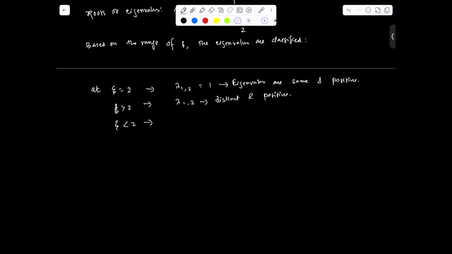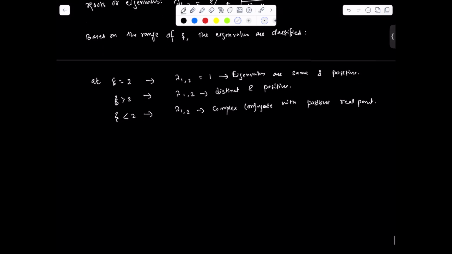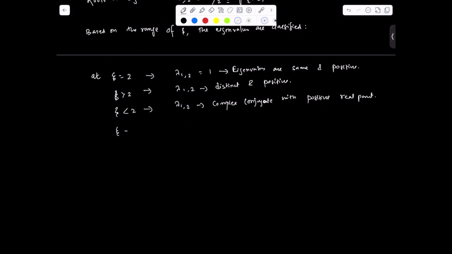If theta equal to 0, in this case, the eigenvalues will be only complex conjugate, but the real part will be 0.